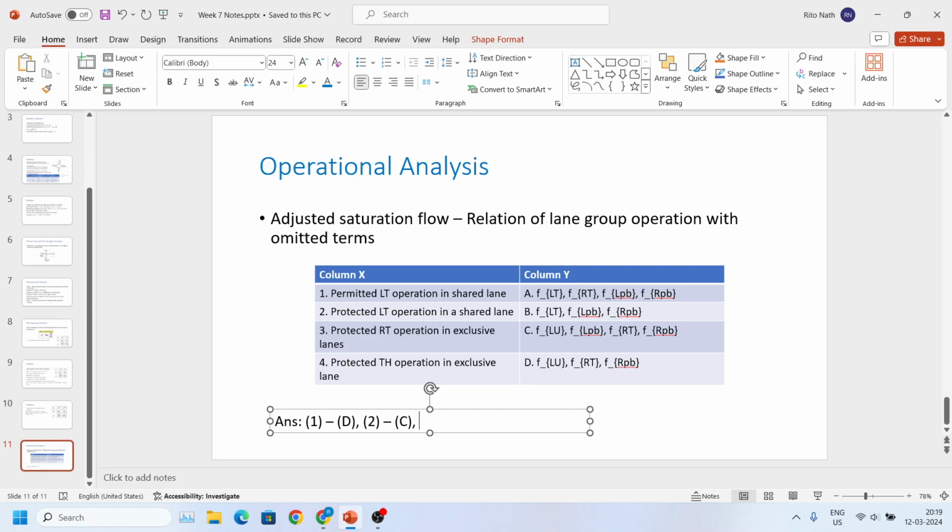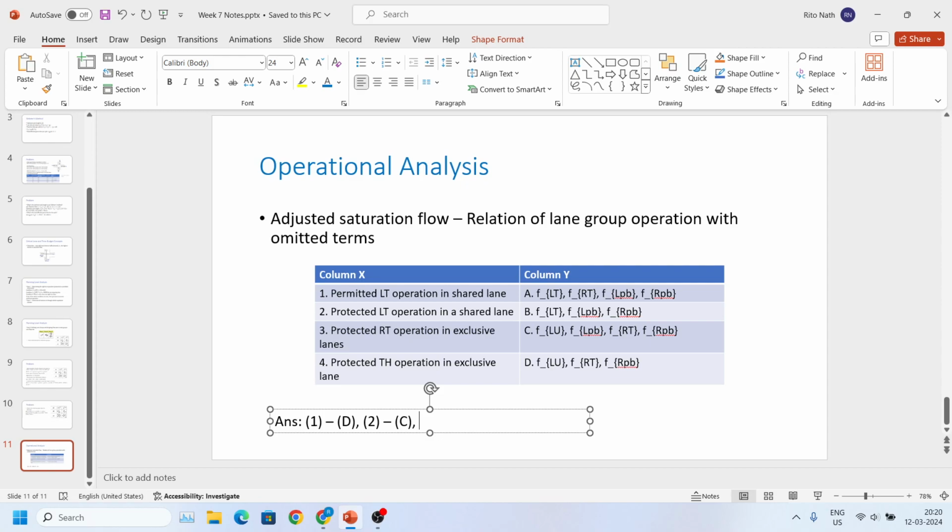RT, LPB, and RPB. Okay, I think there is some issue with the options. 3 should be, I think, it is 4, protected through operation in exclusive lane.